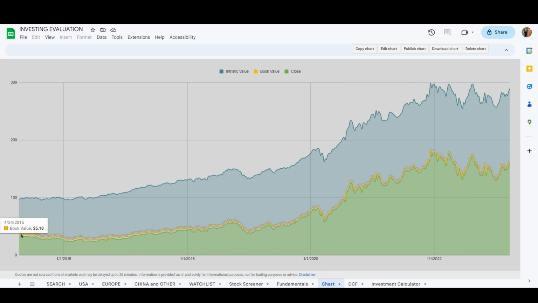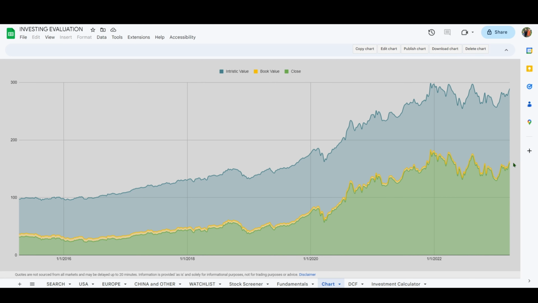Now the book value is not what you calculate. It's of course assets minus liabilities, which is downloaded from the internet automatically. So you can see that the book value of Apple here was $5, and now it's $3. So as you can see, it's going down, which we hate to see, but really the price has gone from 30 to 140, recently 160.